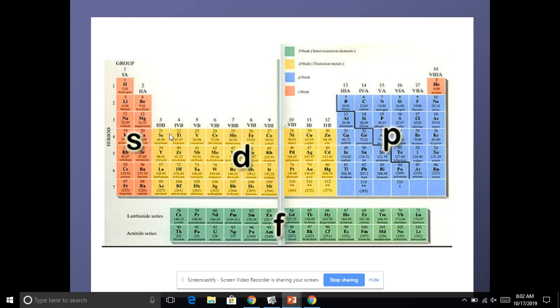Next, we have our D block, and these are our transition metals right here. It's 10 across, so outline these in a different color, and again, add it to your legend. Then we have the P block right here for the p orbitals.